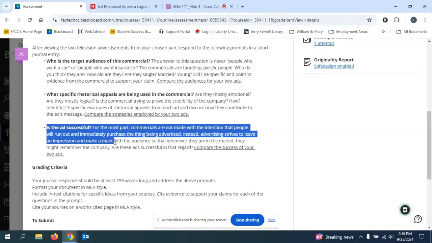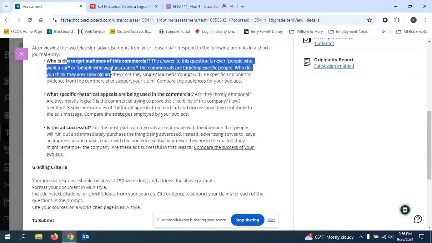And then the third part is more of your personal judgment. You need to determine for yourself whether each ad is successful. Maybe one ad is more successful at communicating its message than another, or maybe they're equally successful, or maybe they're equally bad at it. But you need to make an argument as to whether those ads are successful at meeting the needs of their target audience or not.